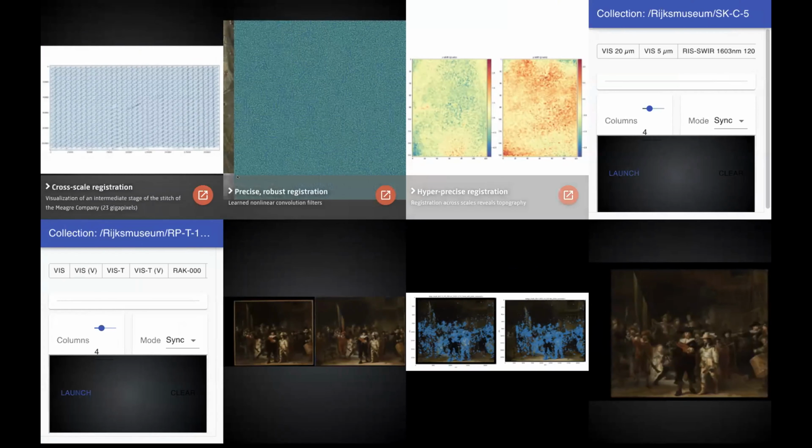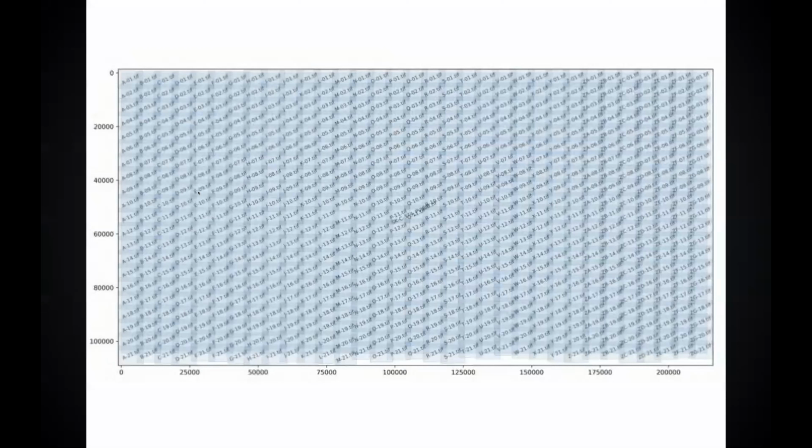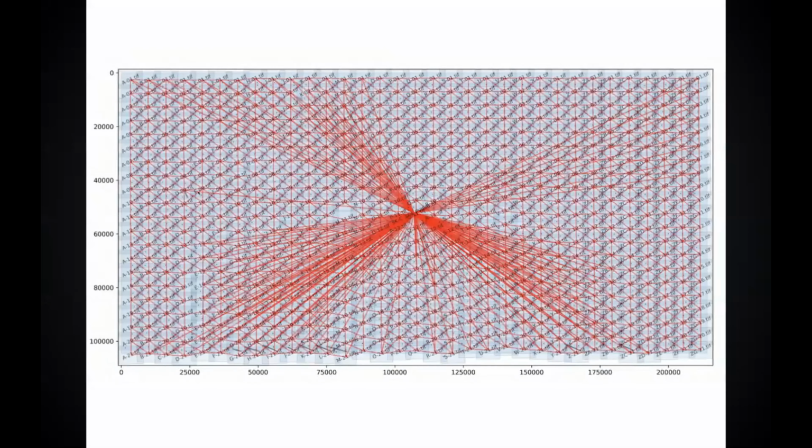I write all my own software, and so stitching and registration are one of the most challenging problems we face. So the current system that we have basically does stitching and registration across arbitrary scales and arbitrary image types.